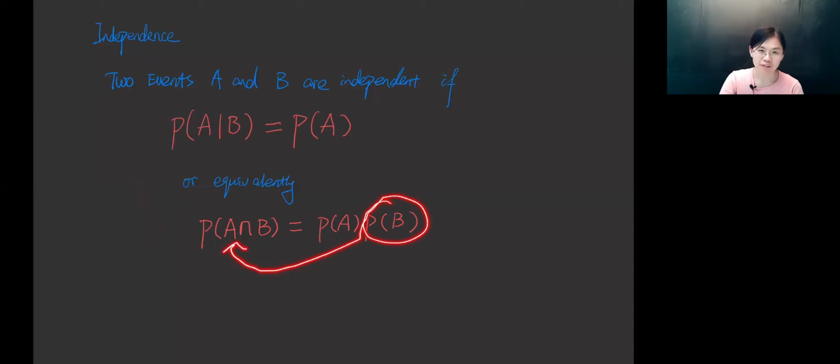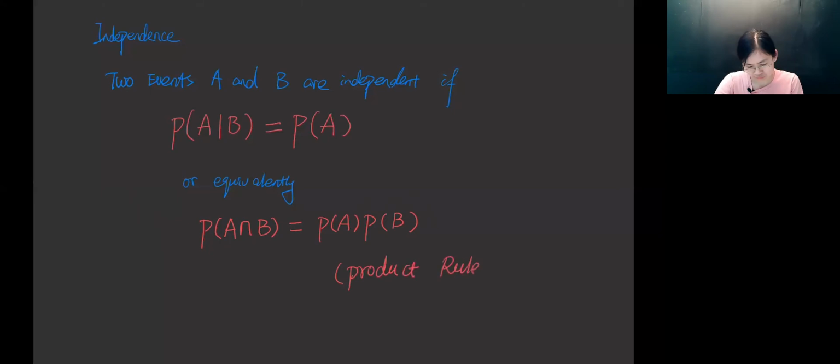Then the left-hand side becomes the conditional probability of A given B, and that is exactly this definition of independence. This way of writing independence has another name. It's called the product rule. That's the probability of the intersection of two independent events equals the product of the probabilities of the two independent events.